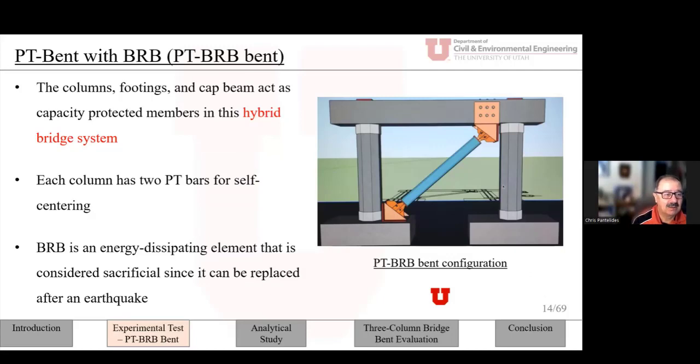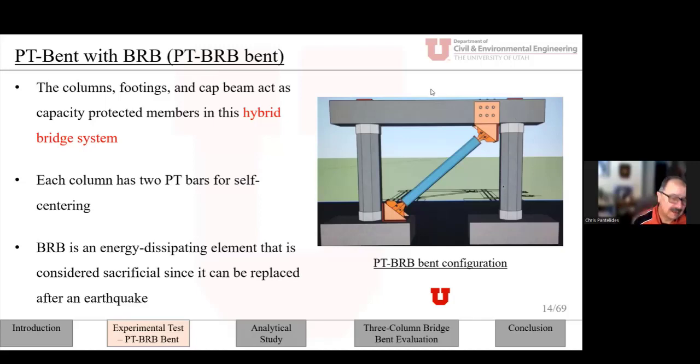And here you can see clearly why this is a hybrid bridge system. Each column here has two post-tensioning bars in it, and these are unbonded bars as opposed to the actual Riverdale Bridge. And then this is our self-centering system. In addition to a gravity load that I will show you a little bit later, it tries to self-center the bridge.